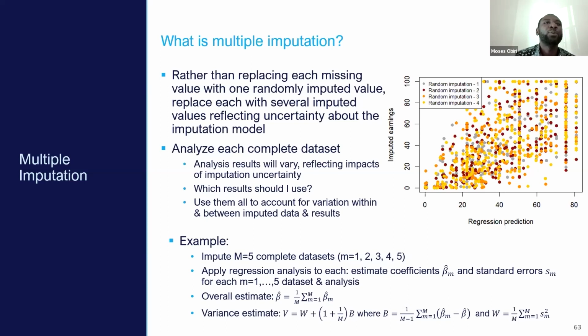You can then have an overall pooled regression estimate, which will be the average of the regression estimates across all 5 data sets. You can then calculate even the variance of this estimate by using the formula that you see here. And overall, using multiple imputation, like I said, should be more accurate and precise than using just one data set for inference.